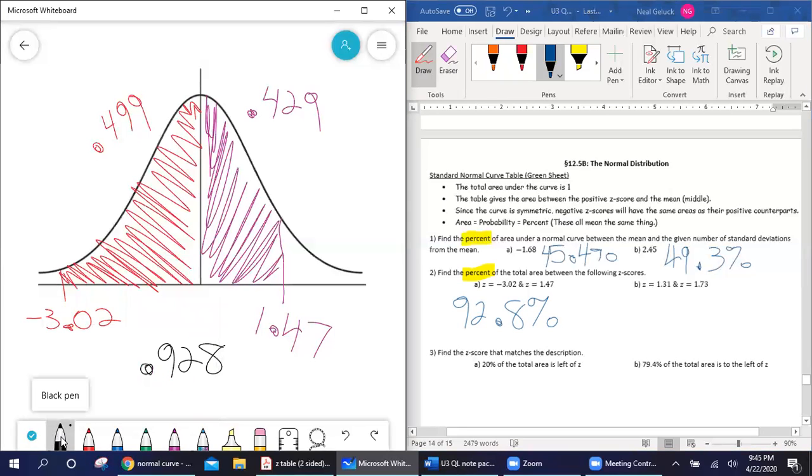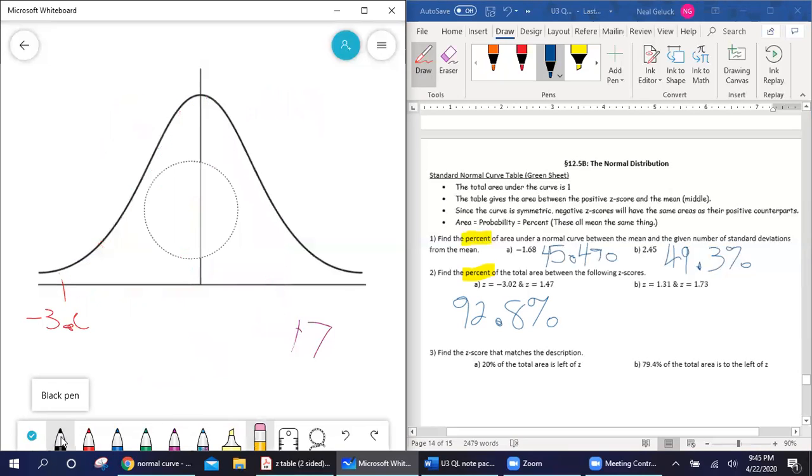Now, letter B is a little funkier. On letter B, both of these z-scores are on the right. So 1.31, let's say that's somewhere around here. And 1.73.